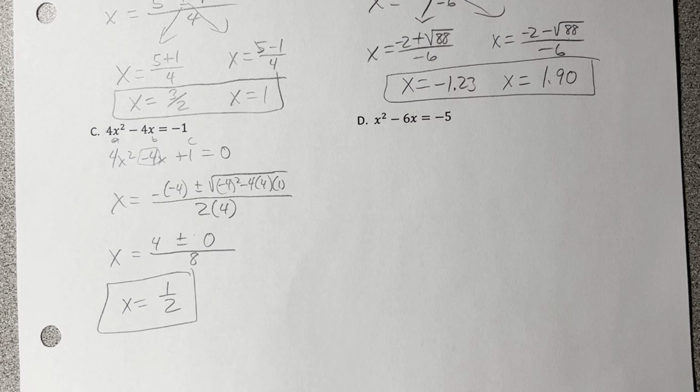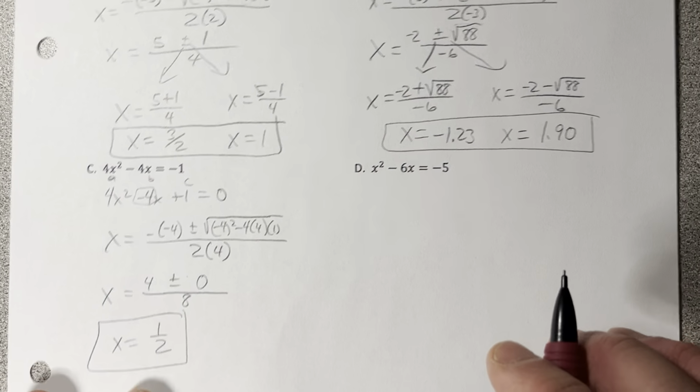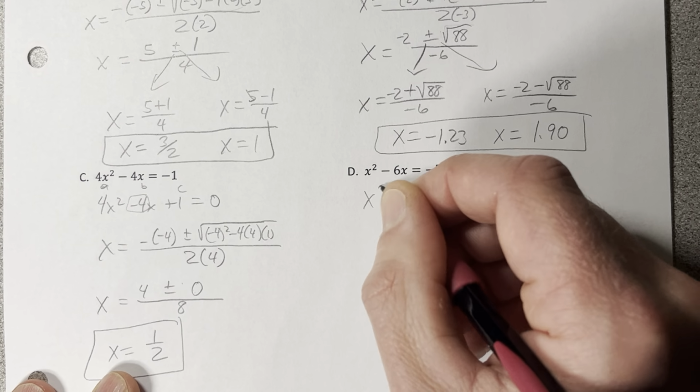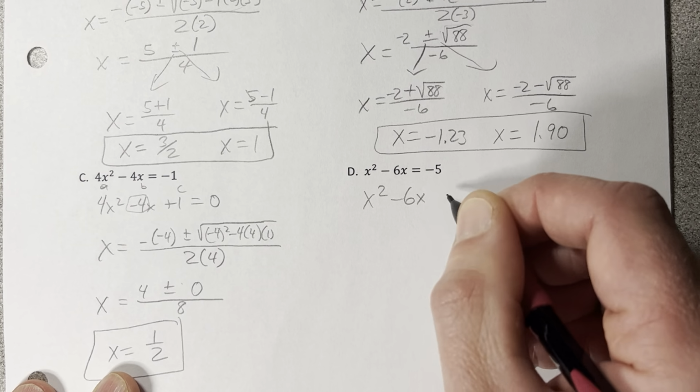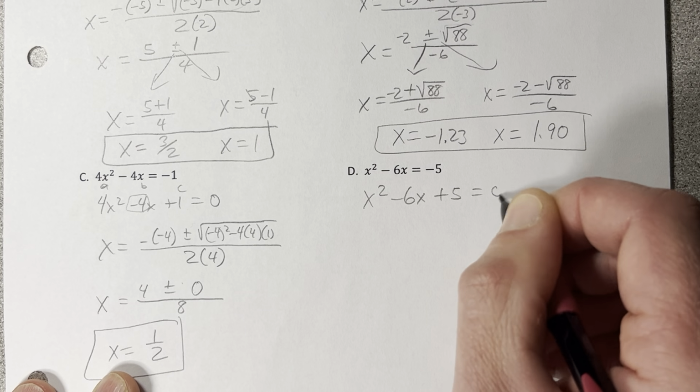Okay, so our last example, maybe, yeah, it's our last one. Get it equal to 0 first. The constant always goes at the back.